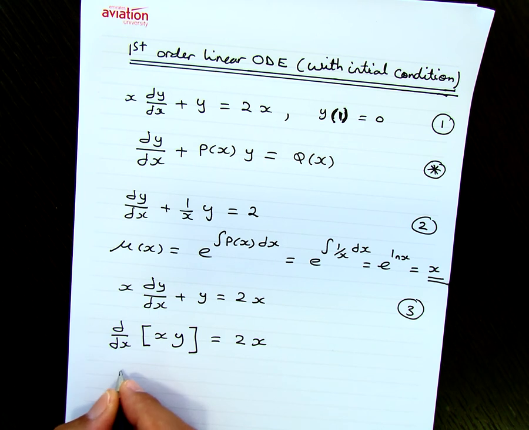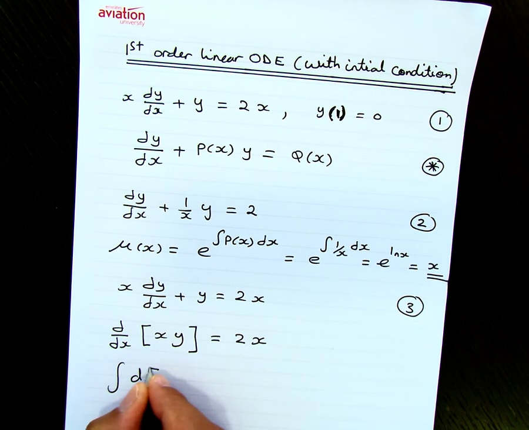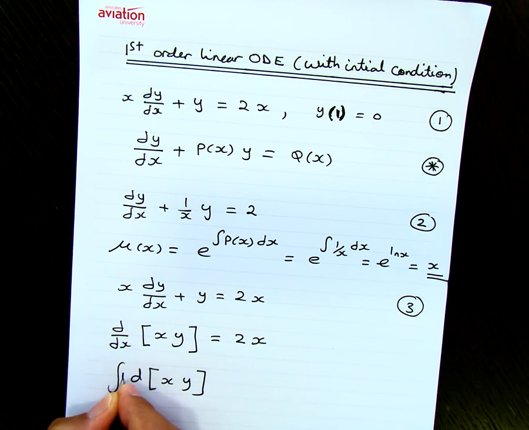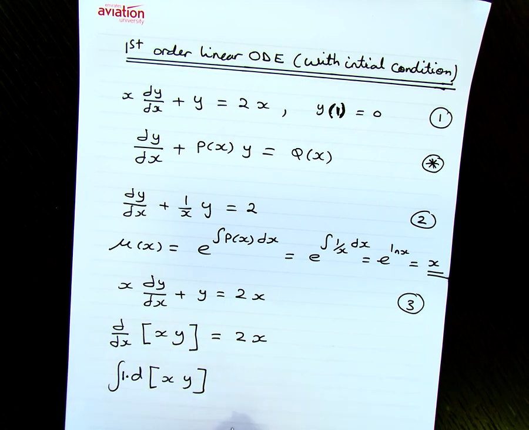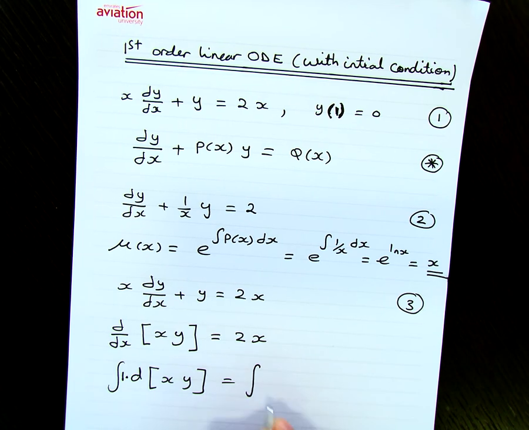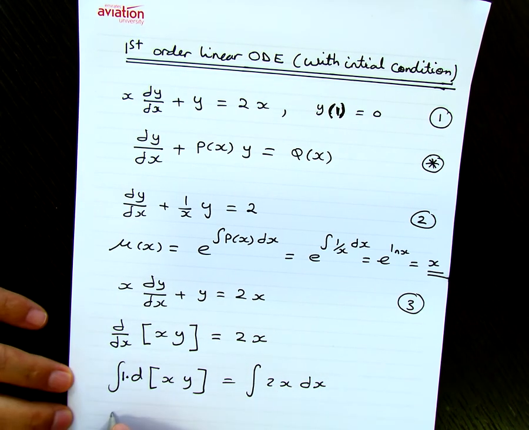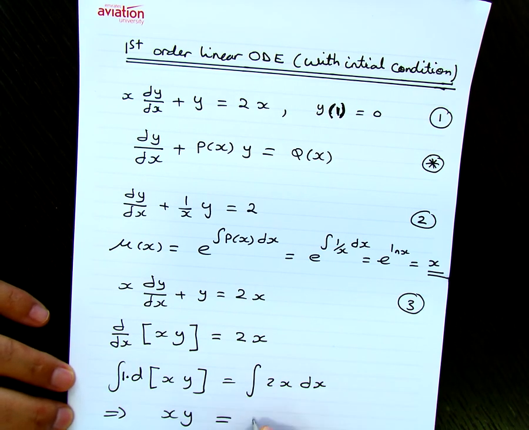Now we can integrate both sides, so we'll have the integral of d(xy), and again I emphasize this is just integrating 1 times d(xy), equal to the integral of 2x dx, which gives me xy on the left hand side equal to x squared plus c.